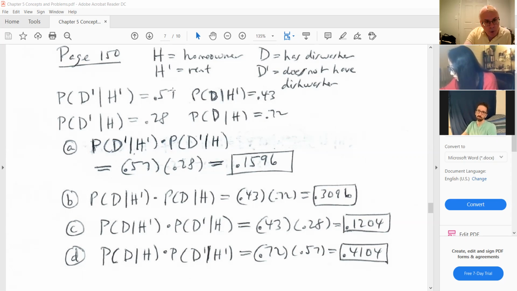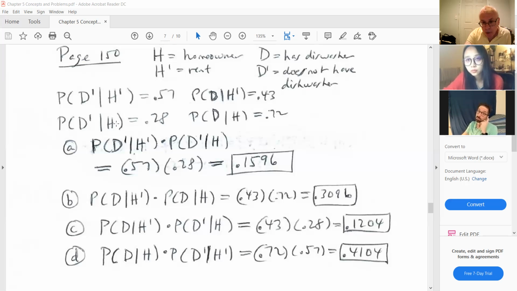If we're using that relative frequency as an estimated probability, this is the probability that the person does not have a dishwasher, given that they rent. This is a conditional probability. Han, did you write that down also? Mm-hmm. And then the other one was that 28% of homeowner households do not have a dishwasher. So that's this one here, 0.28.